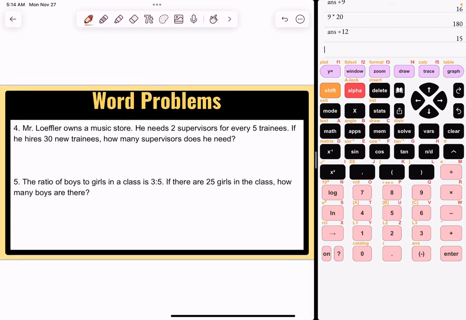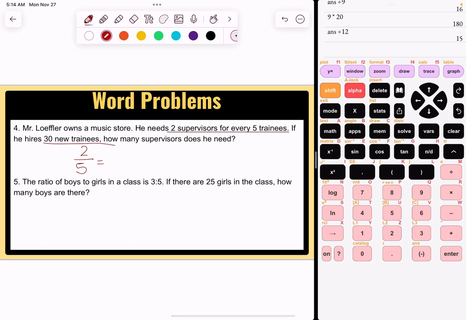Now, let's go over some word problems. This person owns a music store. He needs 2 supervisors for every 5 trainees. So, that means that we're going to write 2 over 5. Remember, on the top is the number of supervisors, on the bottom is the number of trainees. If 30 new trainees, so we need to put 30 at the same level of the fraction as the 5. So it would go at the bottom. How many supervisors?